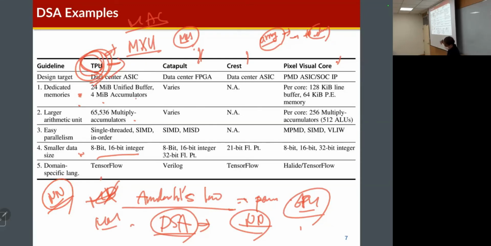It's demanded by neural network applications. And why neural network applications? Because neural network applications are popular recently. In order to accelerate the popular applications, we can apply the domain-specific architecture based on Amdahl's law.